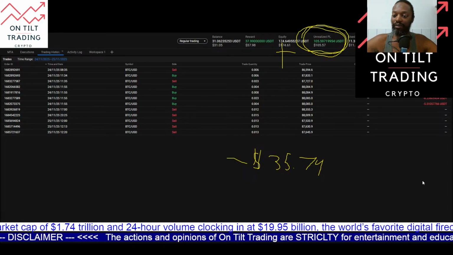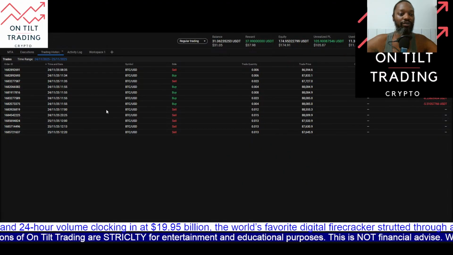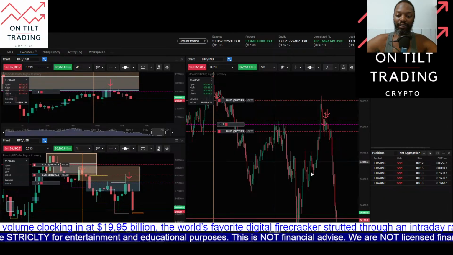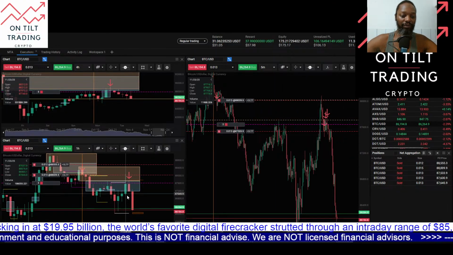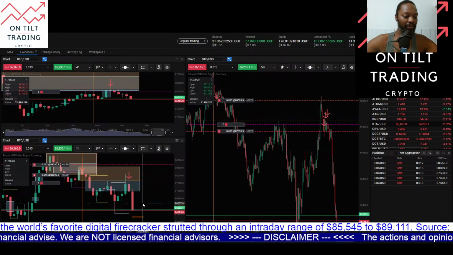So I would say reward to risk, or risk to reward ratio, if things continue trading out the way that they currently are, then I will be able to recover from those losses and be profitable here.